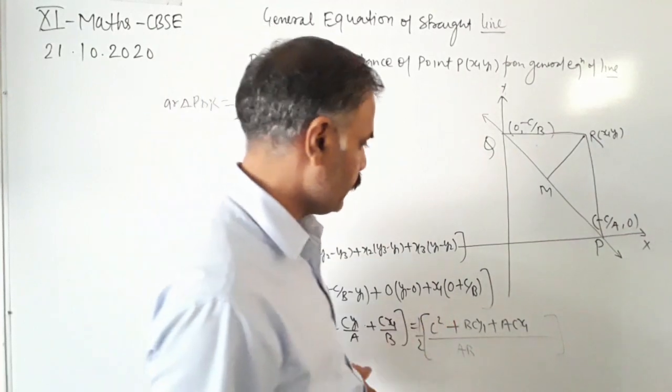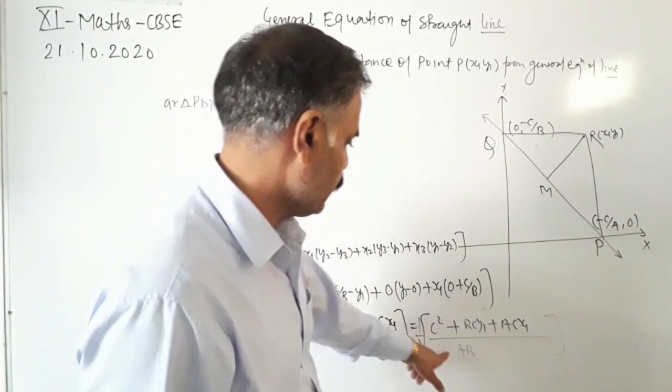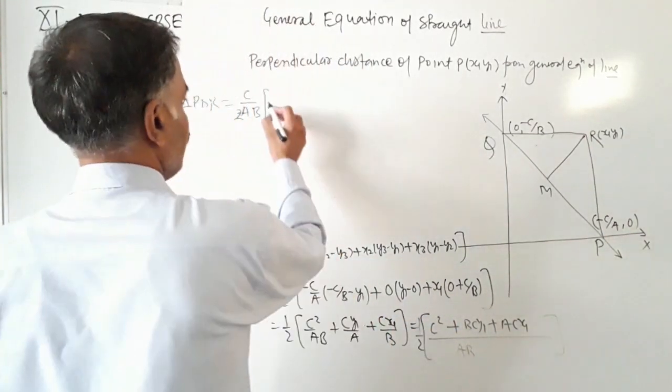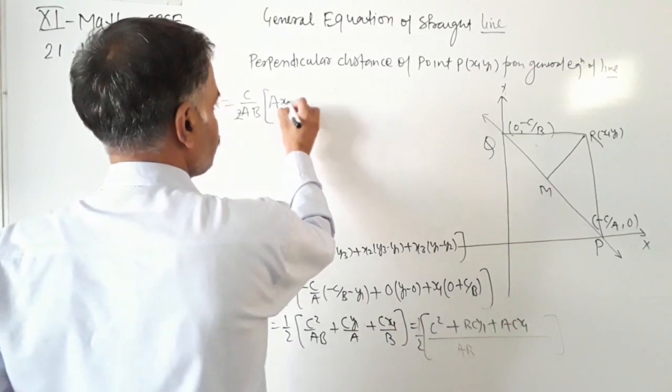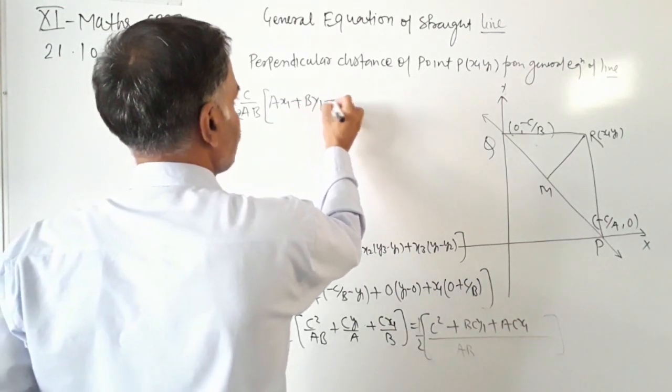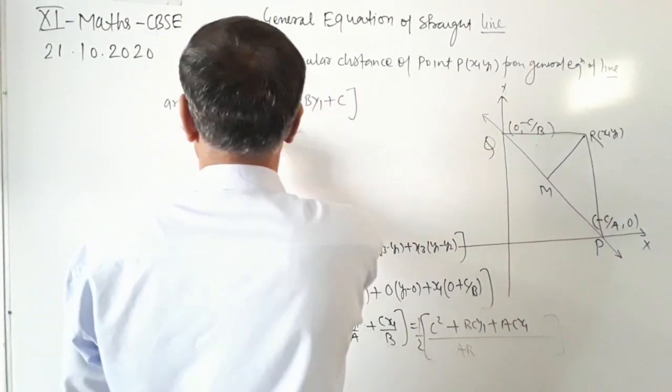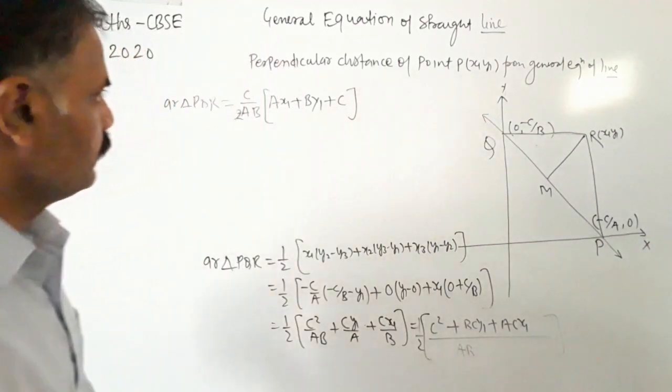Taking c as common in the numerator upon 2ab, we will have a x1 plus b y1 plus c. Okay, this is the area of the triangle.